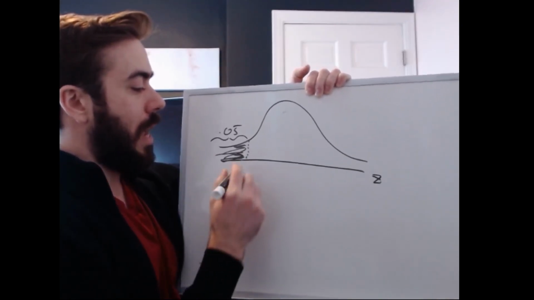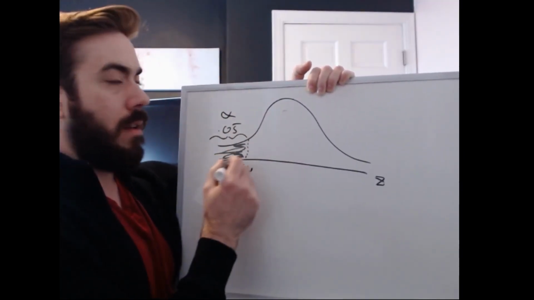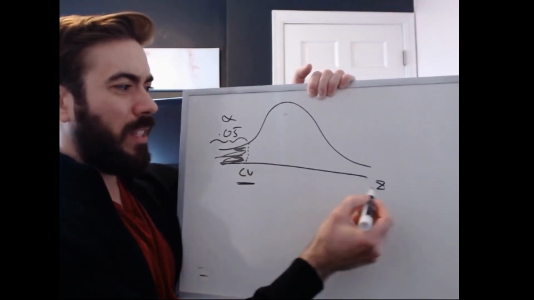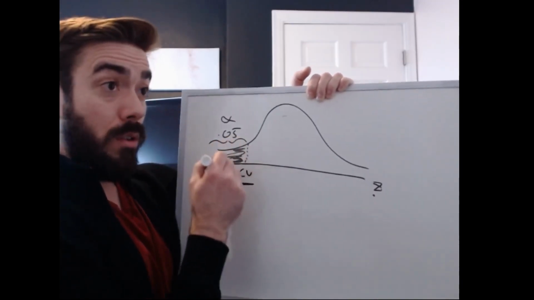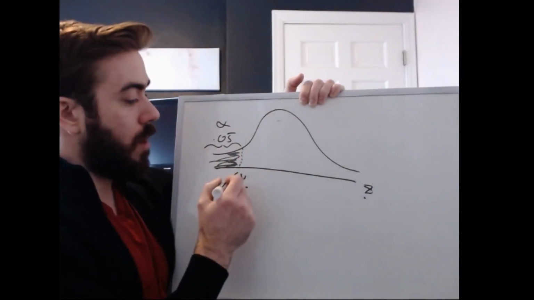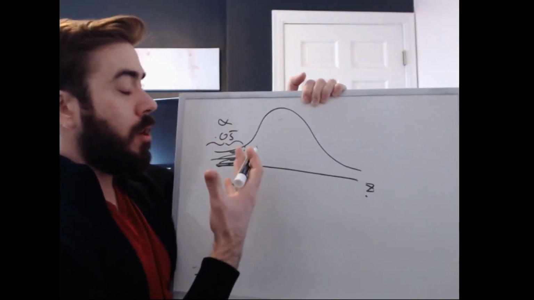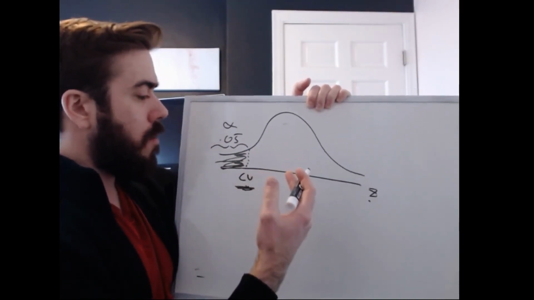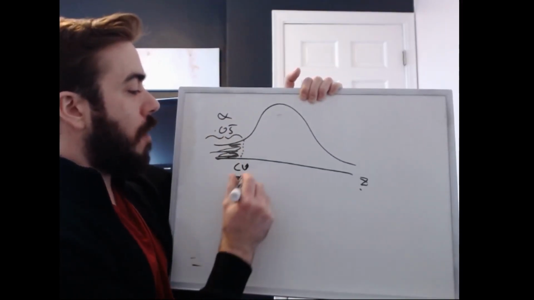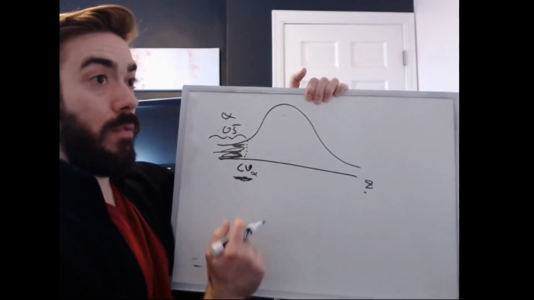This cutoff that gives me my desired alpha in that tail is my critical value. How can I find that? If it's a standard normal distribution, I go to the middle of the table, look up 0.05, and then go over and up to find what z value would give me 0.05 in the tail. So your critical value still is a z value, but it's more important that it's the z value that gives you the desired alpha in the tail. A lot of times you'll see it described as the critical value that gives you alpha in your tail.